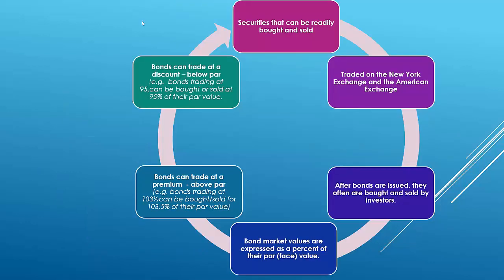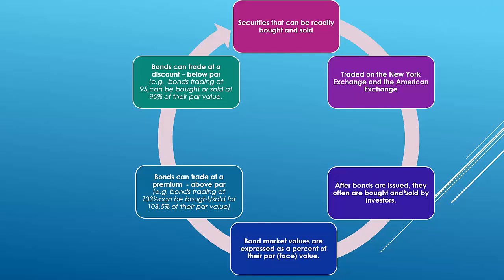Now, this slide just shows you some of the mechanics about how bonds are actually bought and sold, because you don't go directly to, like, Caltrans and buy a bond. They're actually negotiated on a secondary market, similar to how stocks are. So you have the American Exchange, the New York Stock Exchange.